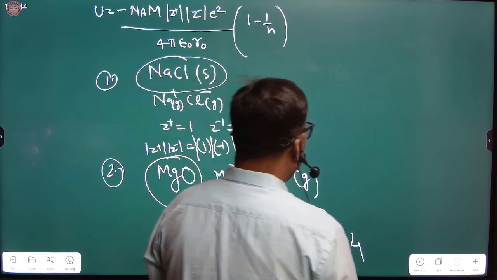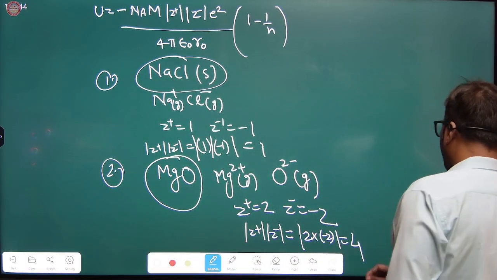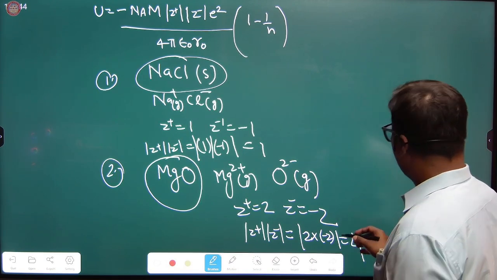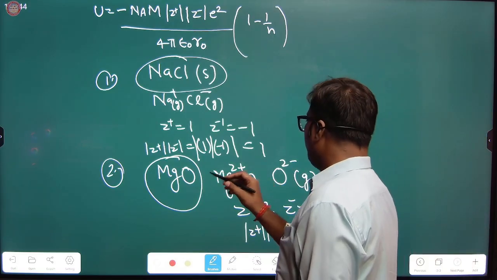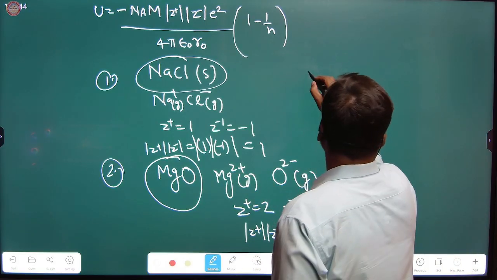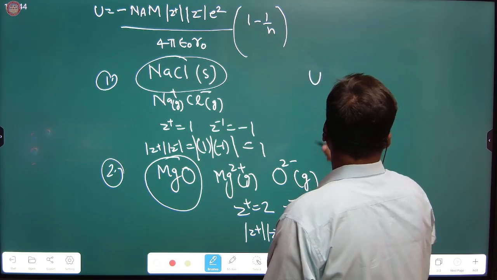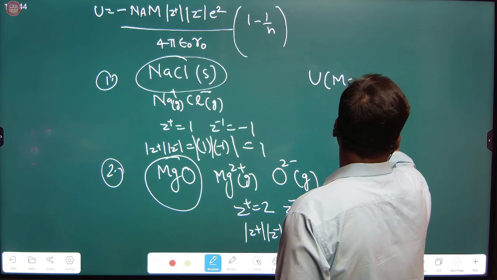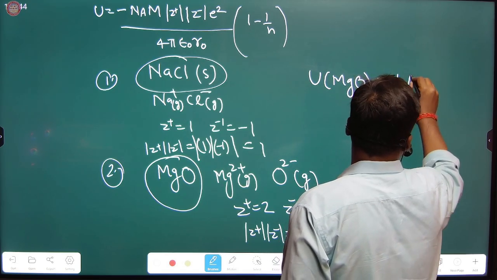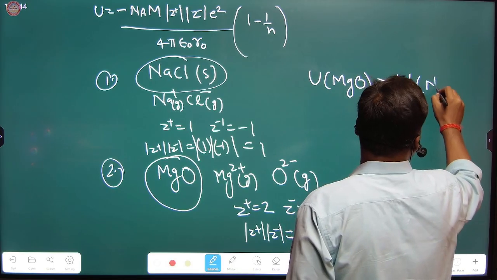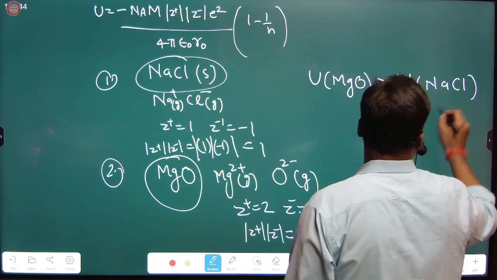So you can say that the lattice energy is 4 times higher in case of MgO, right? So U, the lattice energy of MgO, is very high in comparison to the lattice energy of NaCl, right?